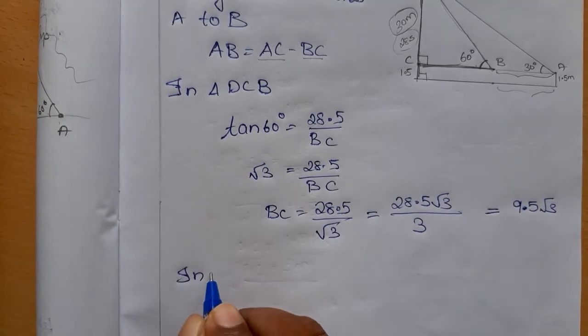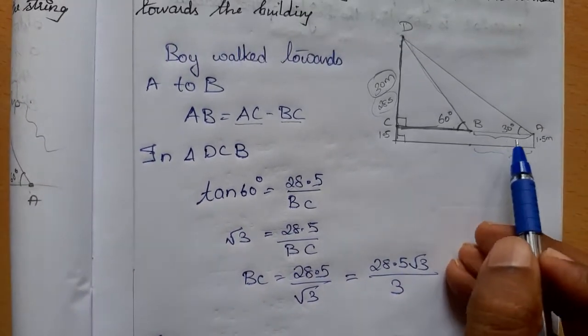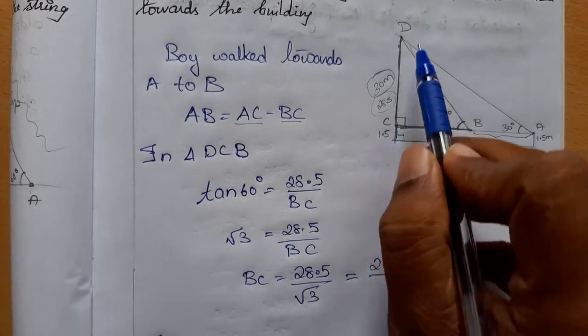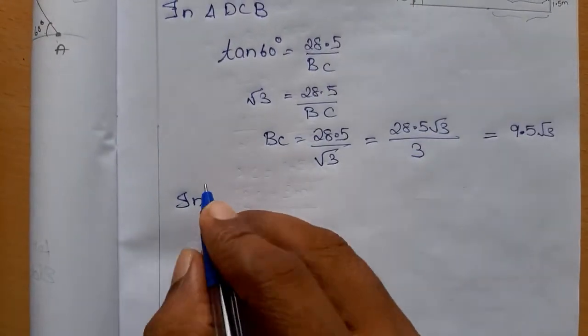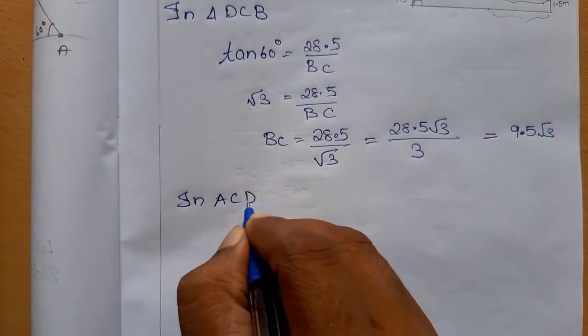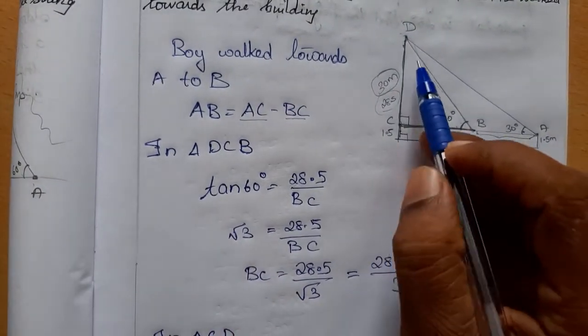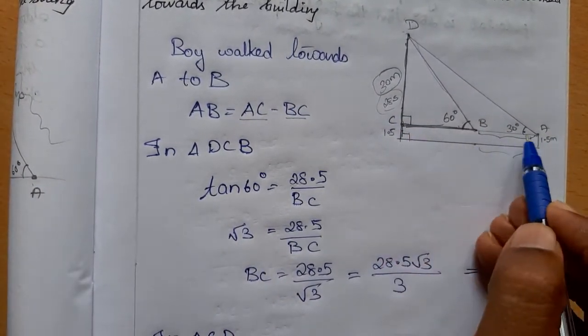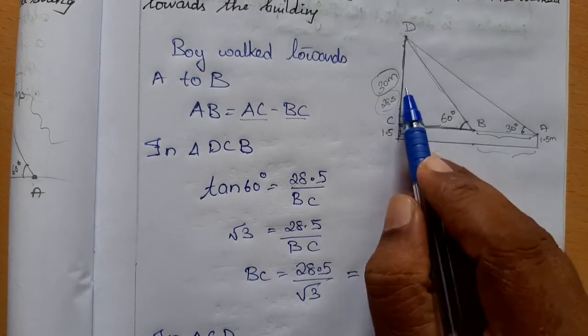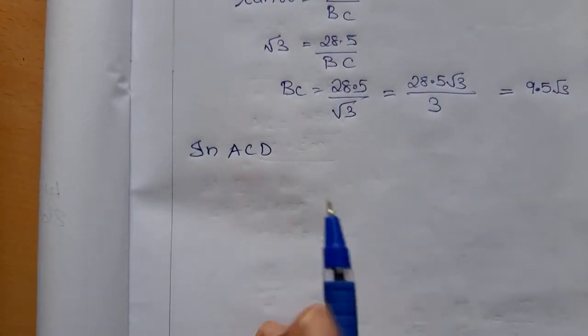So next we have to find AC. AC involves the triangle ACD. It's a right triangle, right? So in triangle ACD, we know this opposite side is 28.5 meter. We have to find AC and the angle is 30. So this is opposite and adjacent, same, the tan, right?